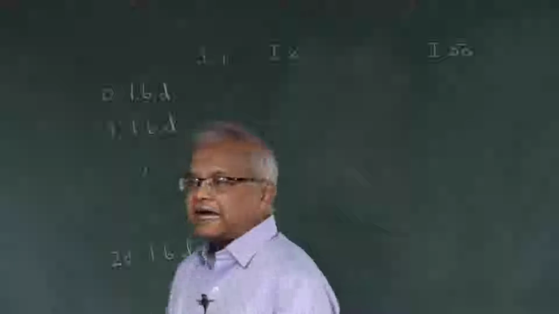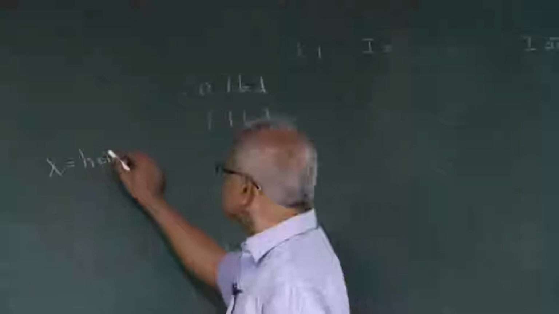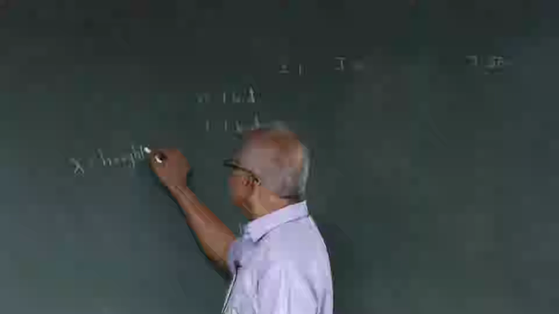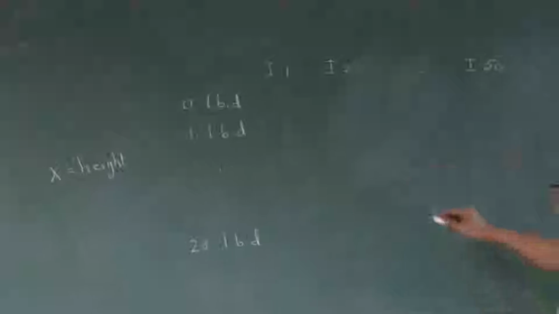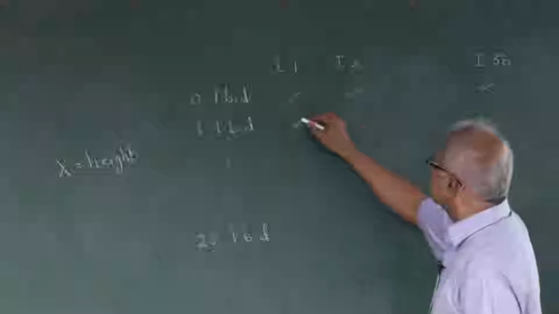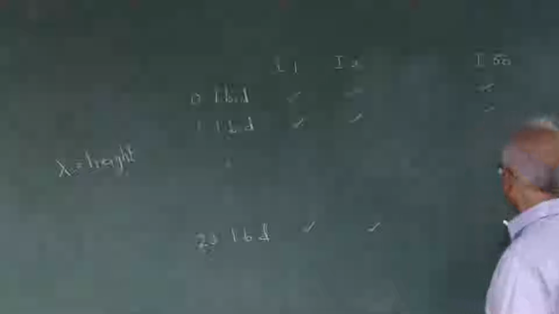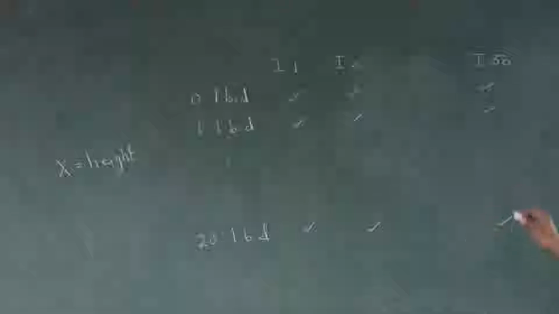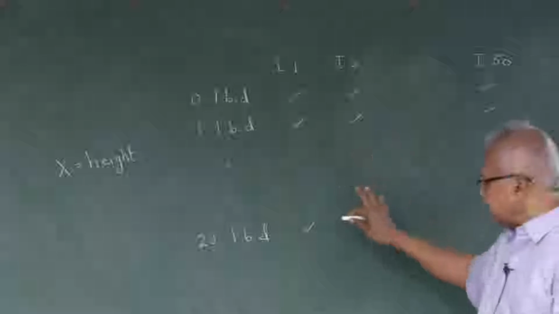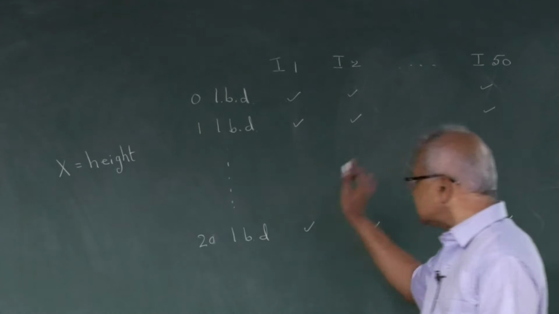And I'm measuring height. X is height. So what I have is, first year I have the heights here, second year I have the heights here, and generally the growth would stop beyond this age, so let's stick to this 20 years.